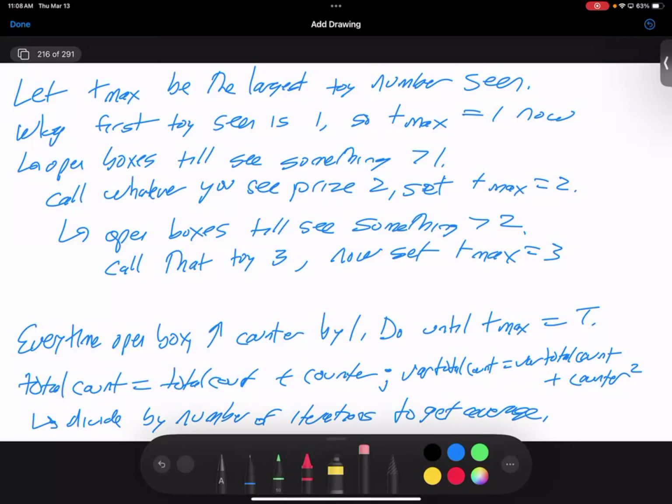What is total count? Why are we adding counter? Well, when we finish one of these loops, we found out how many boxes it took. And I want to find out on average how many boxes does it take.